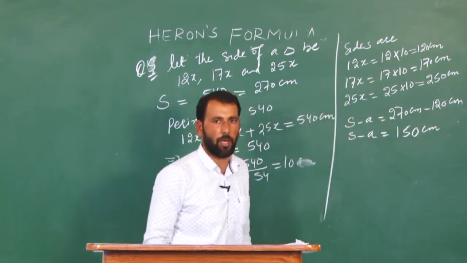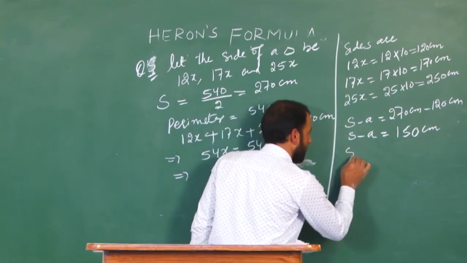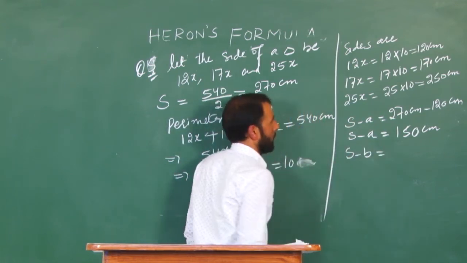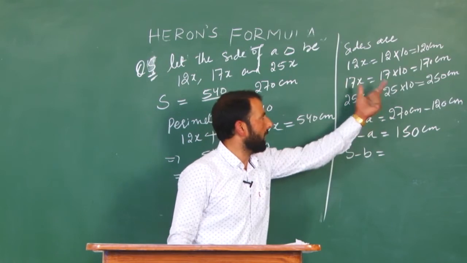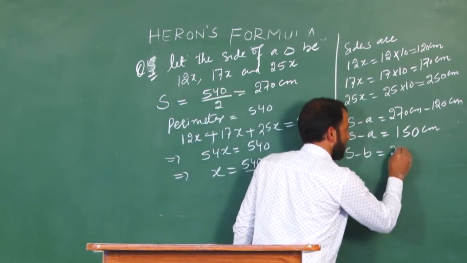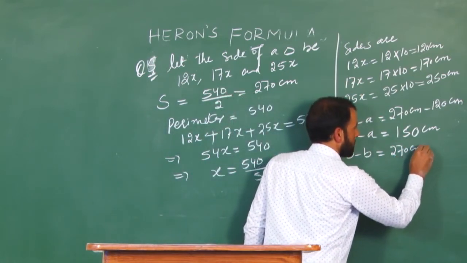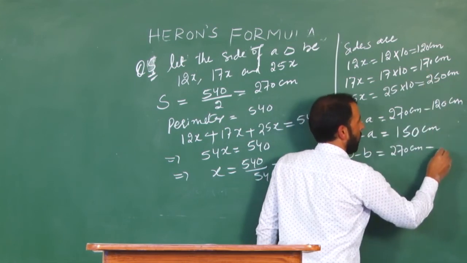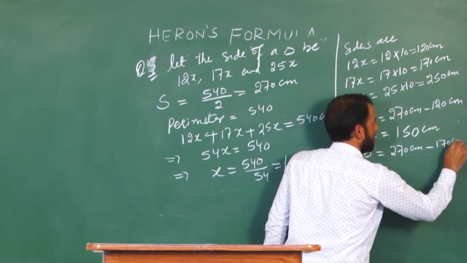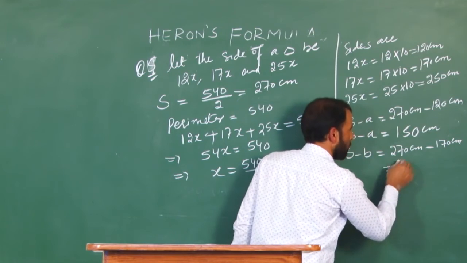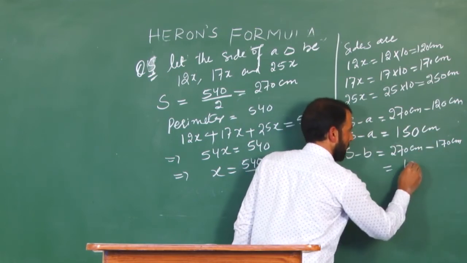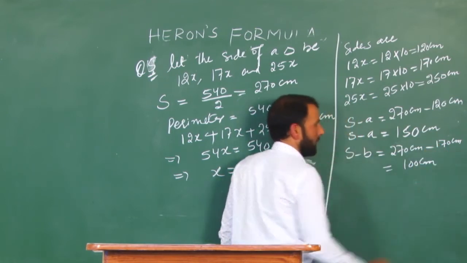Then S minus B is 270 minus 170, which equals 100 centimeter.